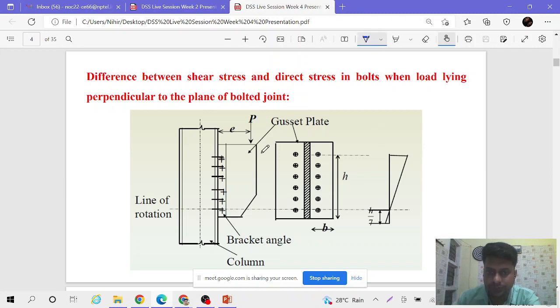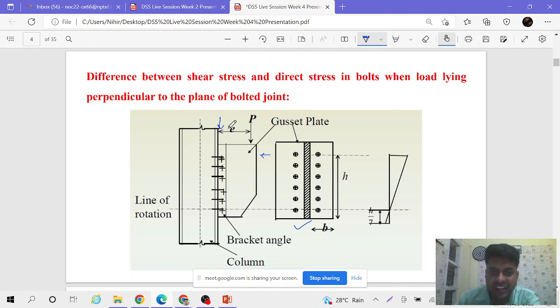When you see from this side, it will look like this. A load P is acting on this bracket at an eccentricity of small e. Due to this P load, shear stress will be generated in all of these bolts.